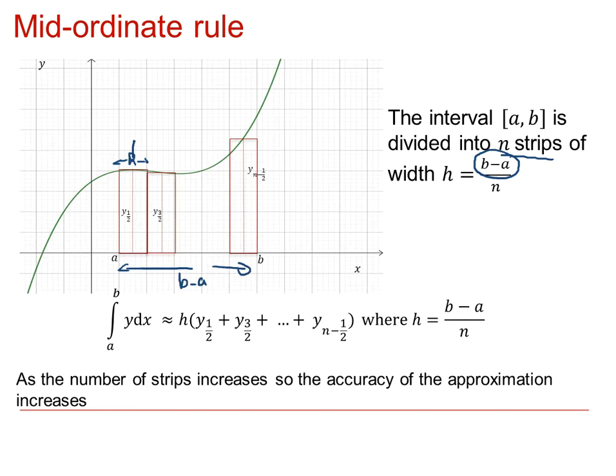So h is b minus a over n, and then the midordinate rule says that the integral will be approximately equal to h multiplied by, in a bracket, each of the values of the function, the y values at these midordinate points, y1/2, y3/2, etc. And we've seen in our examples that as the number of strips increases, the accuracy of the approximation increases.